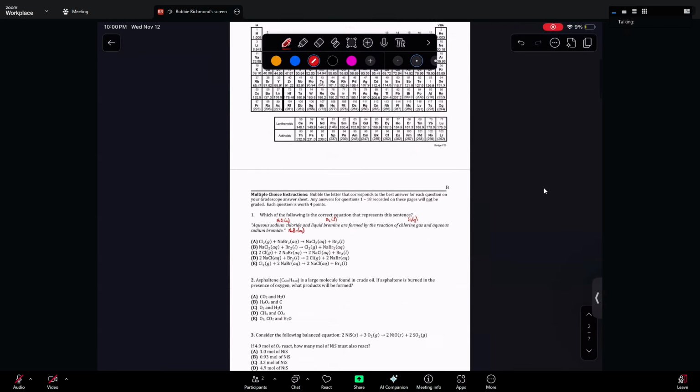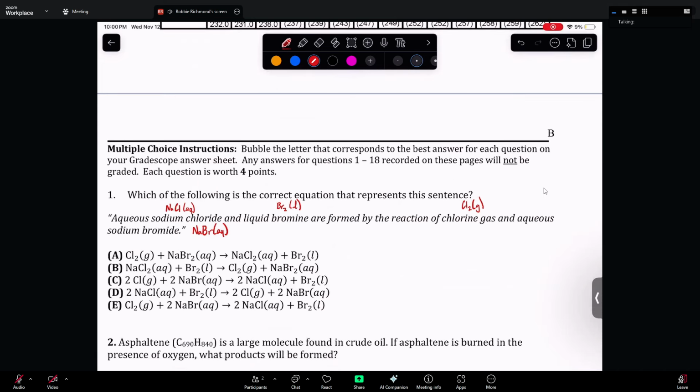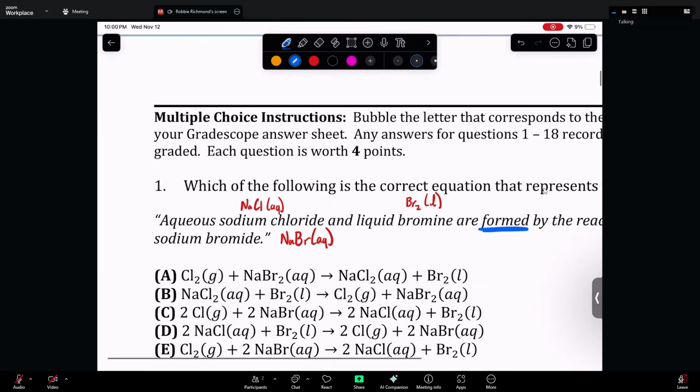Alrighty. Now, going to the multiple choice questions. Question number 1, we have aqueous sodium chloride and liquid bromine formed. Keyword is formed by the reaction of chlorine gas and aqueous sodium bromide. So sodium chloride and liquid bromine, which, by the way, is a diatomic element, are formed.